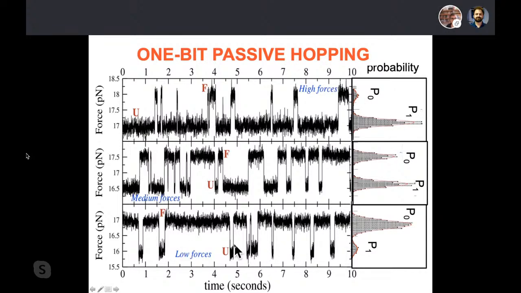At lower forces, on the contrary, we have the reverse situation. We populate more the folded state 0 with respect to the unfolded state 1. And at the so-called medium forces or coexistence force, which is about 17 piconewtons in this molecule, we can populate more or less 50% of both of them.